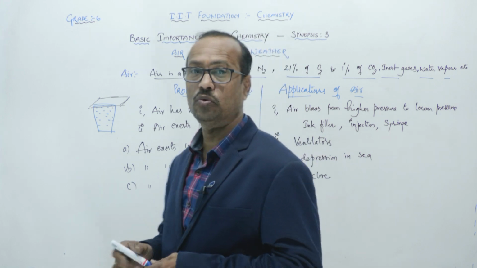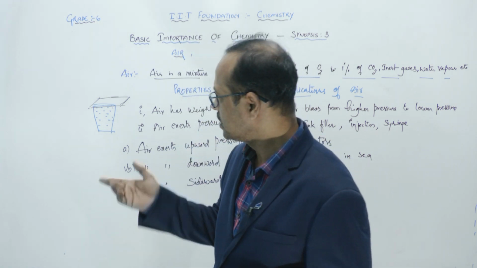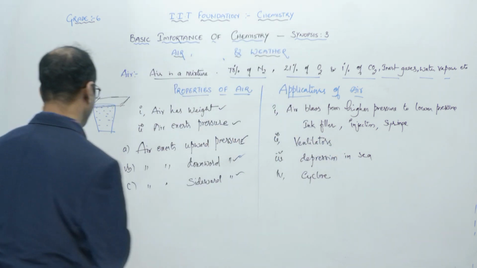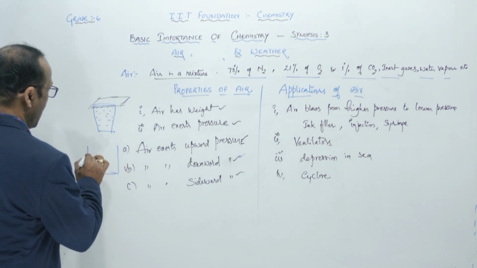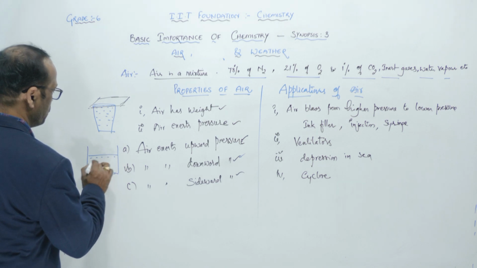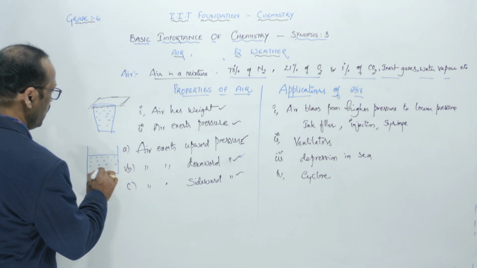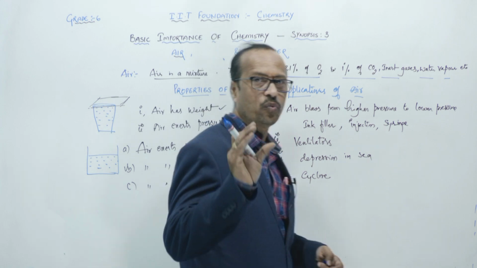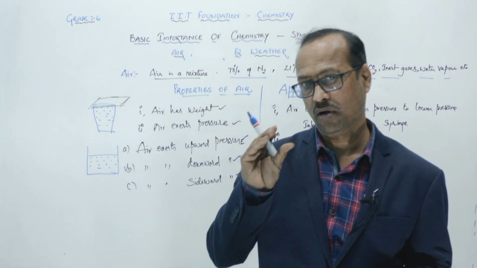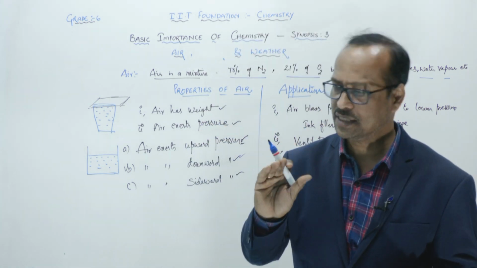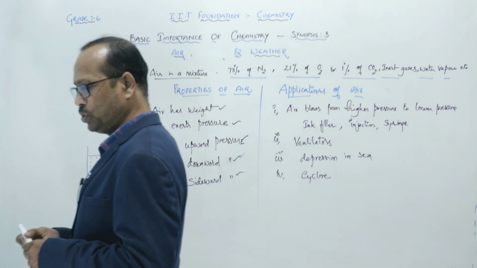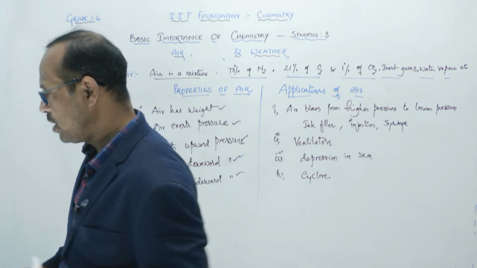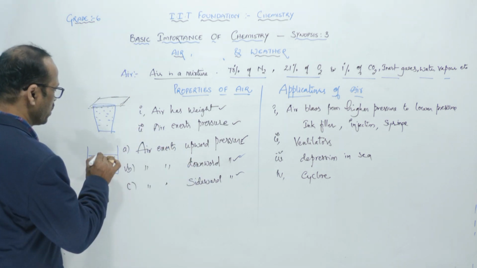How can you show that air exerts downward pressure? Now you take one glass beaker, and in that beaker take some water. Now you take one wooden block, a wooden cork or something, which can float on the water.